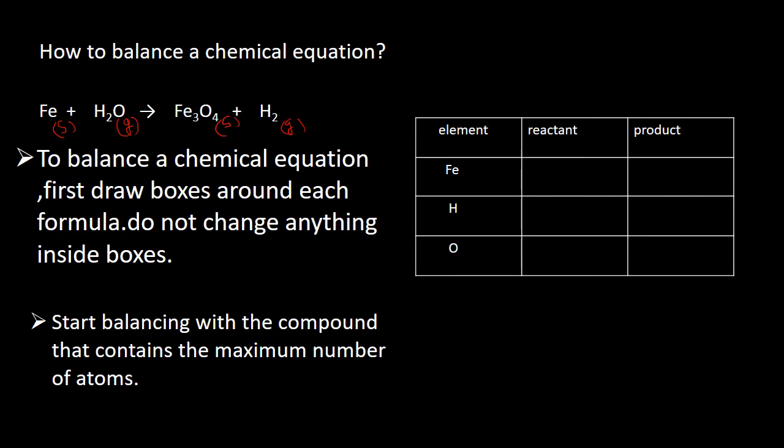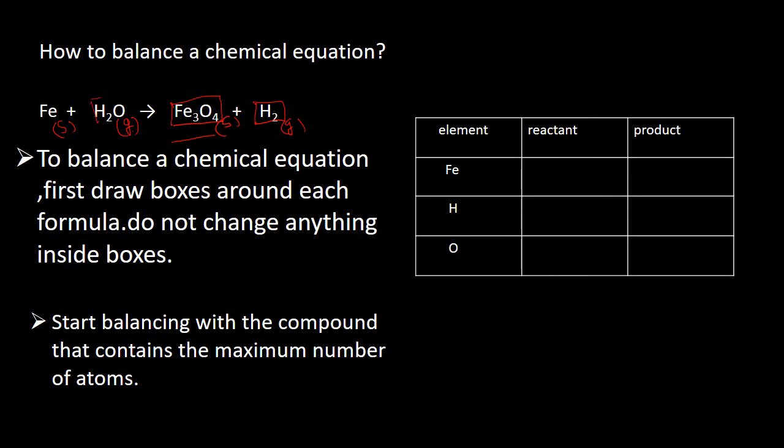Now how to balance this? You have to search for the compound that has the maximum number of atoms. You can see here Fe3O4 has the maximum number of atoms; in particular oxygen has 4 atoms. The first step is to draw boxes over these chemical formulae.